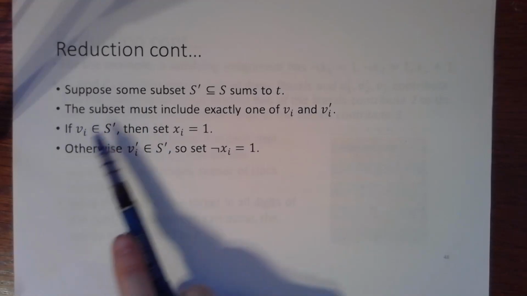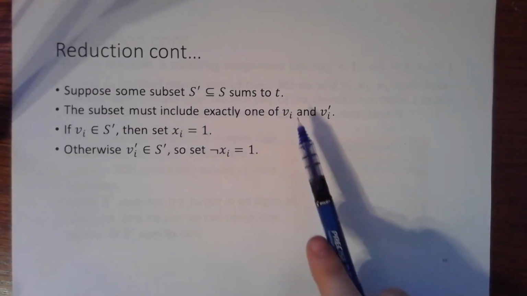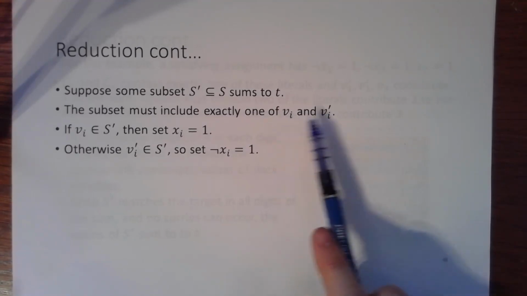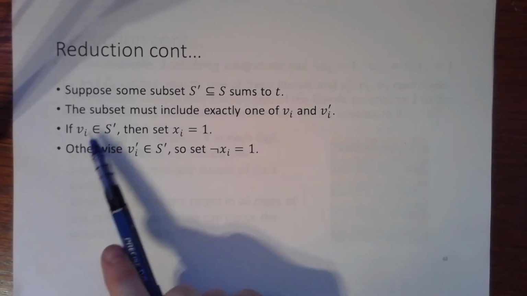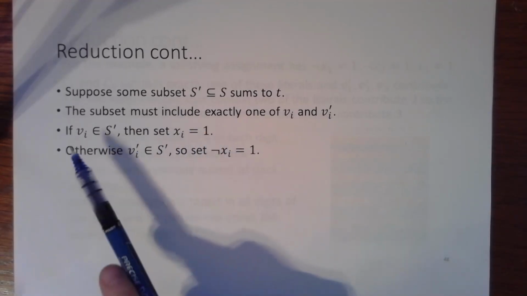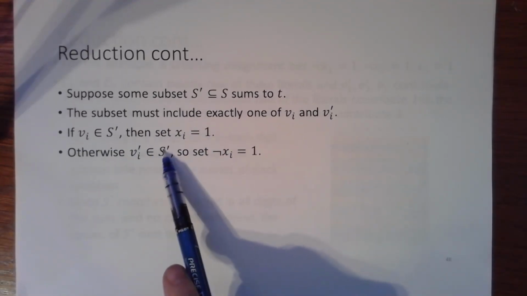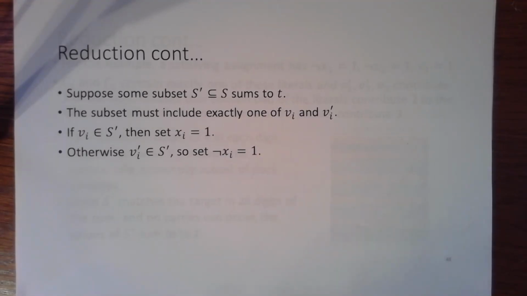So if I have a subset that sums up to T, you have to include exactly one of those 2, and if that variable is in S, then you set xi to 1, and if the prime one is in there, you set the negation of x to 1.